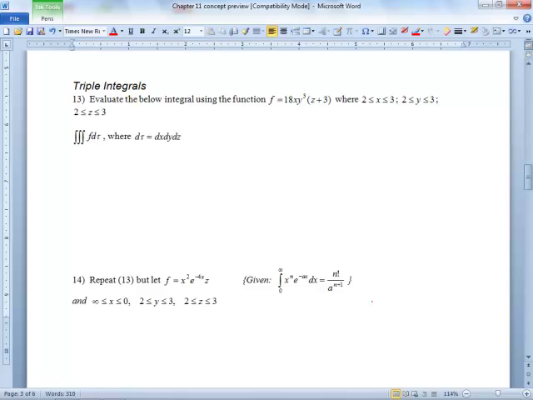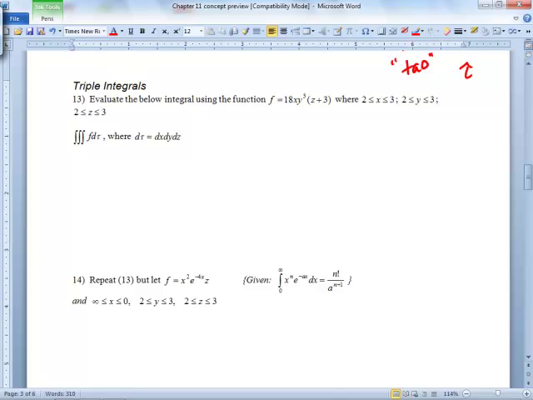Okay. Some notation first. Notice they're getting lazy. Instead of writing dx, dy, dz, they just write d. What's that symbol called? They call it tau. I think it's T-A-O. D tau.